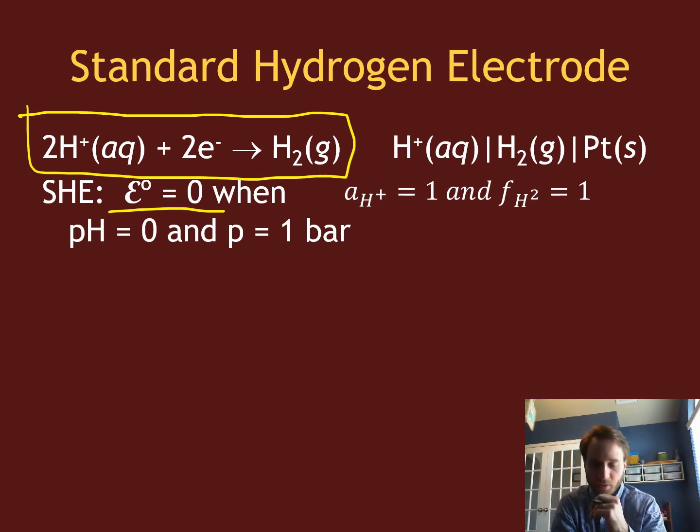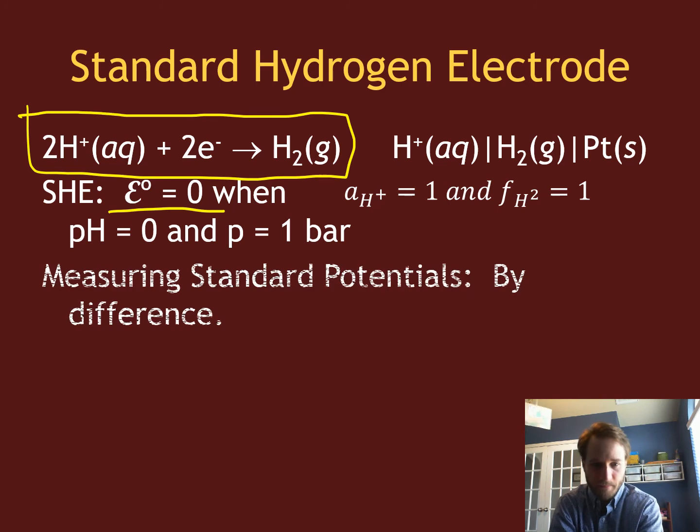All other cell potentials for half reactions are computed relative to this. How we get those cell potentials is you do a redox reaction where one of the half reactions is this reaction given here, and then the overall cell potential for that redox reaction has to equal the cell potential of the other half reaction. That's how these things are measured in the lab all the time to get the half reaction cell potentials.